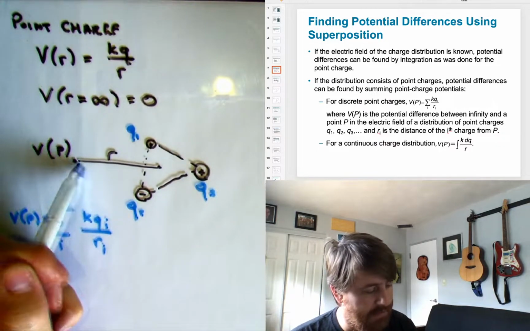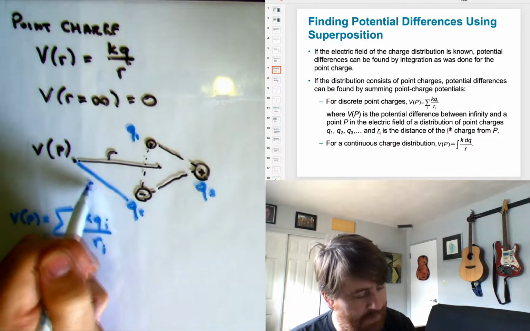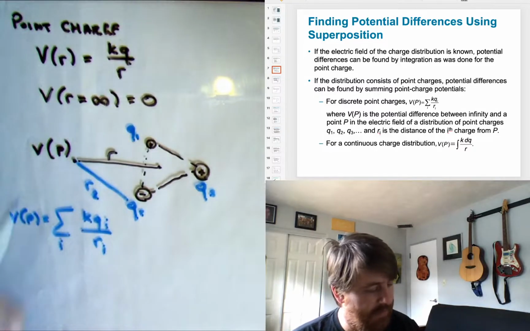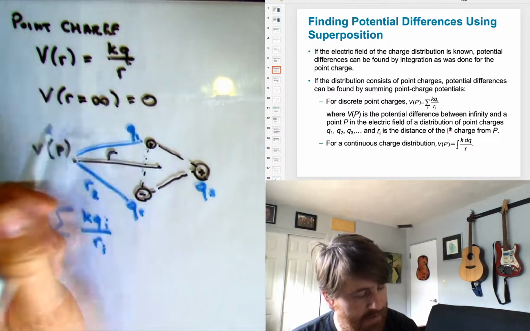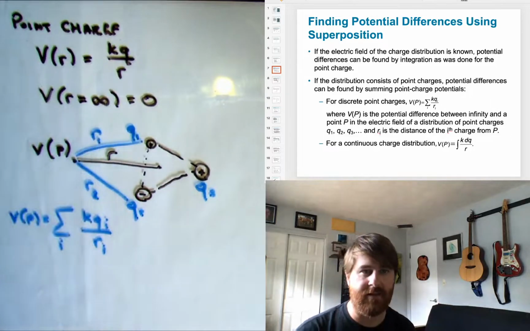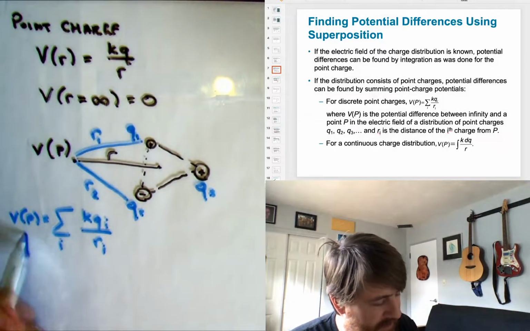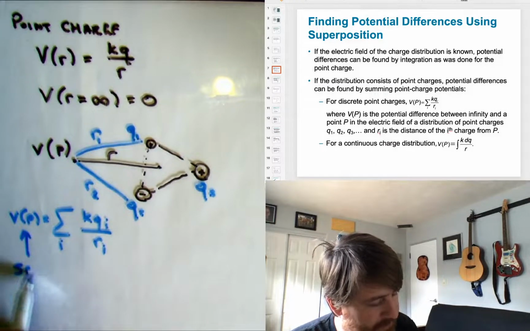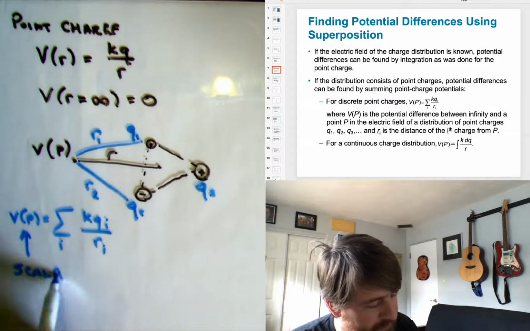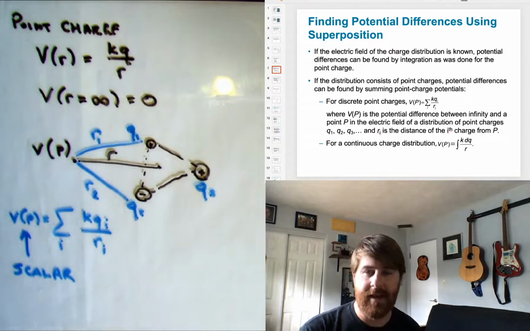So I would use r2 is this distance, and r1 is this distance, and I can just add them up. Now, I want you to realize that this is a scalar. Potential energy is a scalar quantity. It is not a vector quantity. So this is not a vector sum.